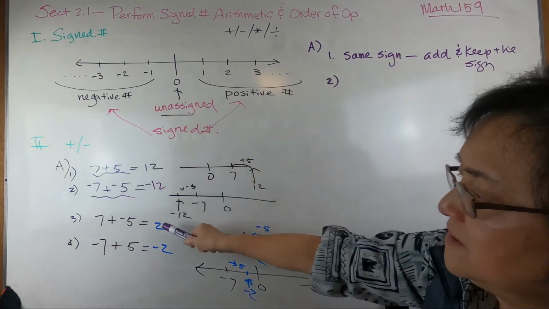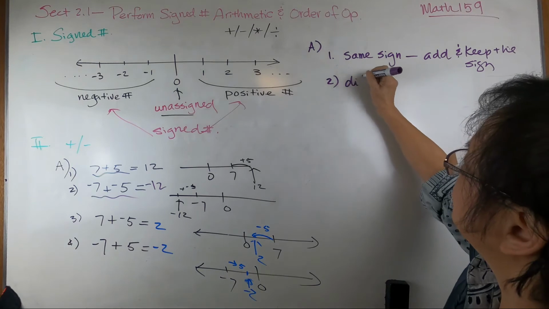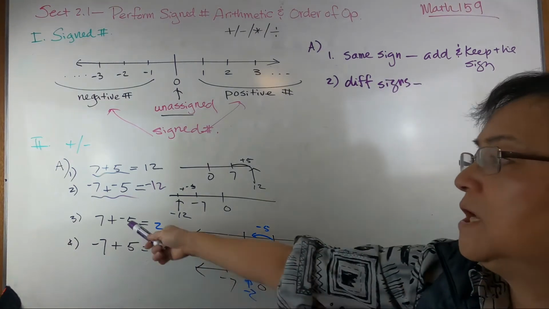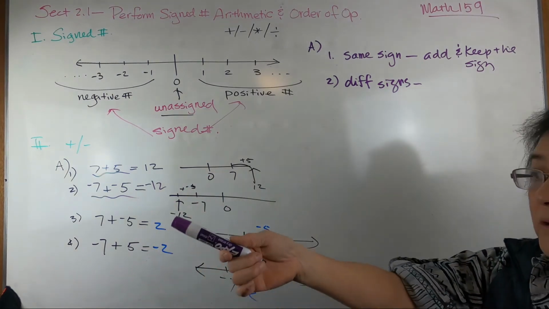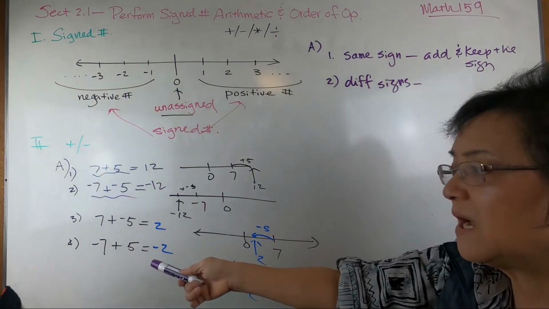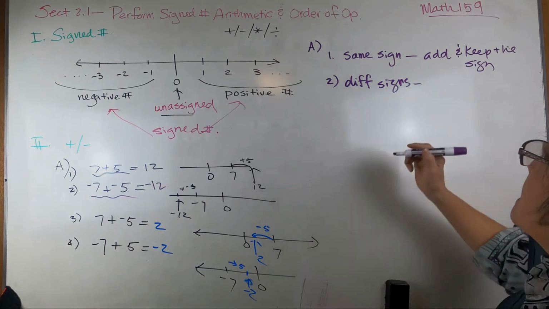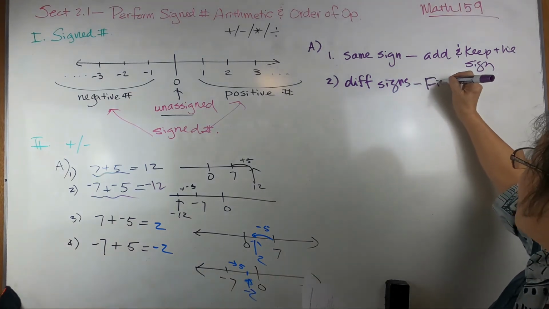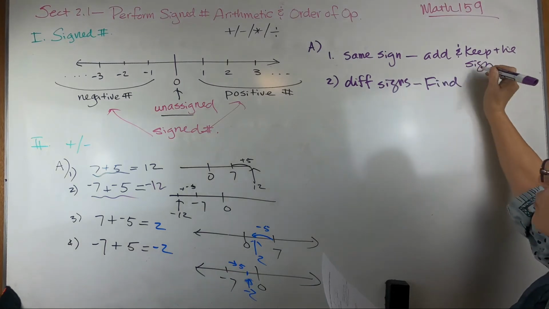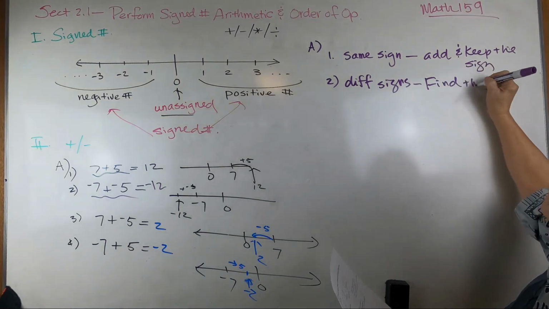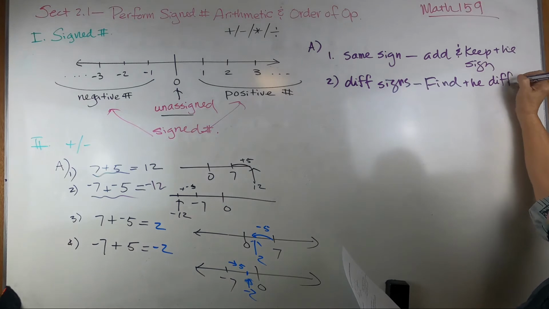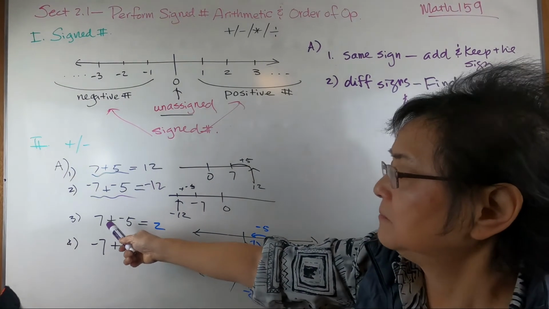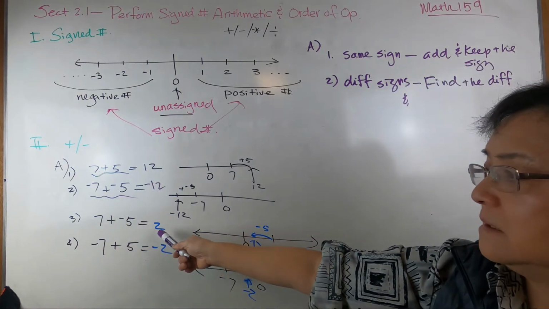If they have different signs, you cannot combine 7 and 5, right? Because one is positive and one is negative. Because they are different, then you have to what? You don't combine them, you don't add them, you find the difference. Okay? Like positive 7, negative 5.